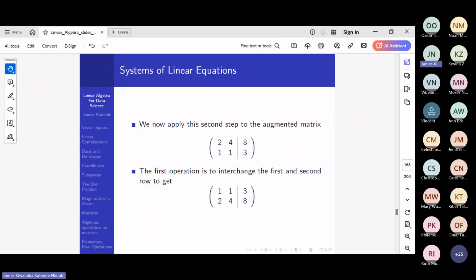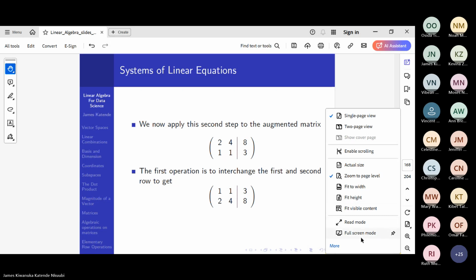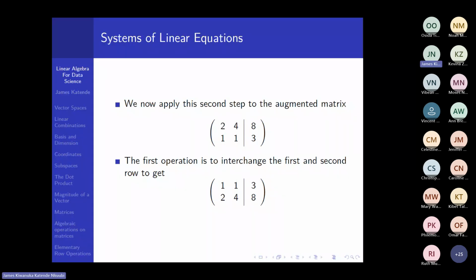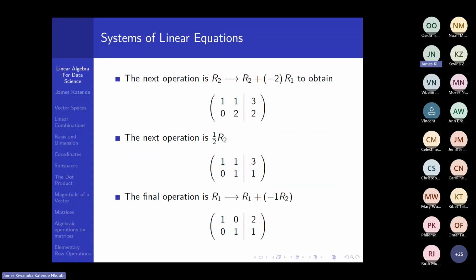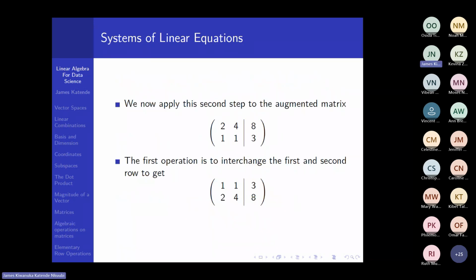Okay, we can resume the slides. So far, I think no one seems to have a question on this. It seems to make sense. But the basic idea is this: you set up this augmented matrix, then convert this coefficient matrix into reduced echelon form, and any operation that you run on this matrix, you also run on the right-hand side until this coefficient matrix is in reduced echelon form.